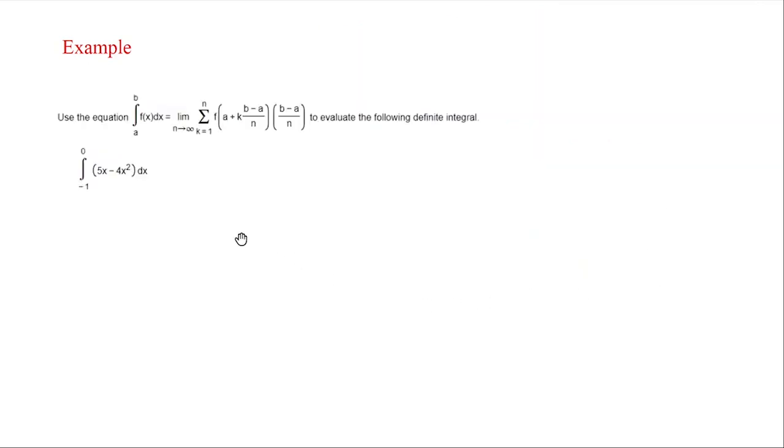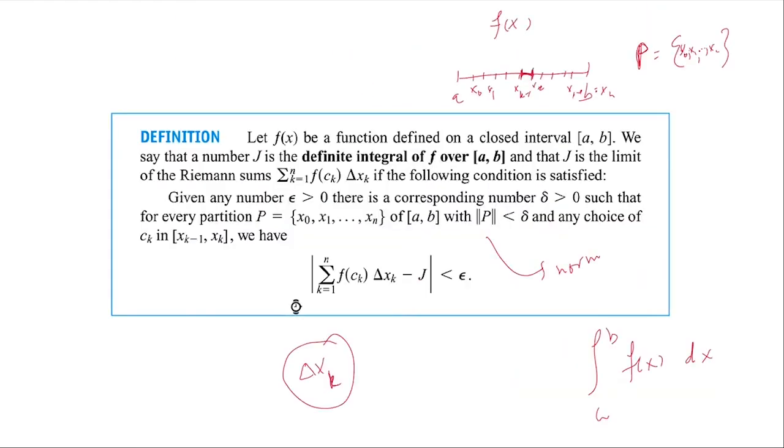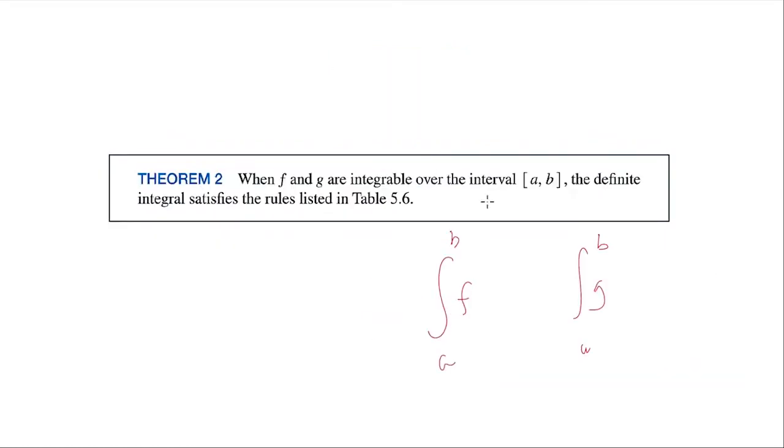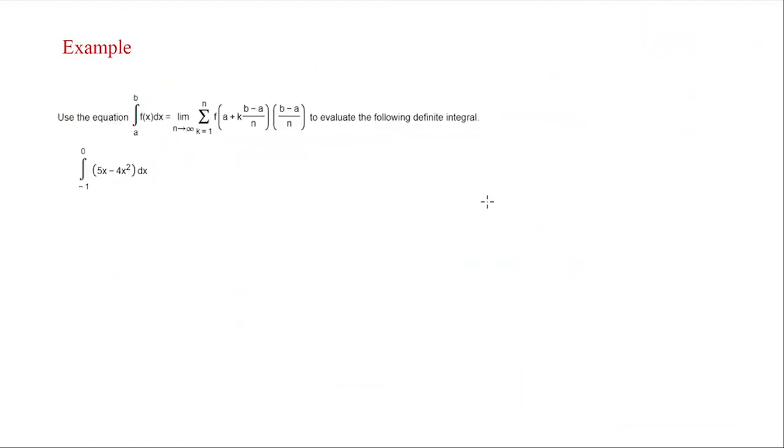Okay, so now we know from the previous information, if you want to find the definite integral with the Riemann sum with equal width subintervals, then this is the formula we have to use. So this is where we are going to use that.